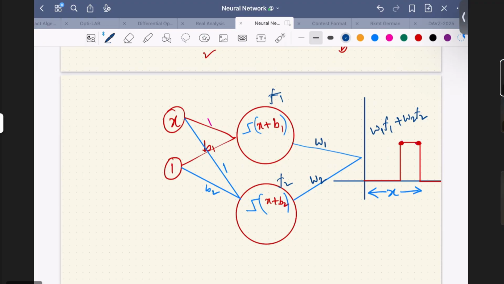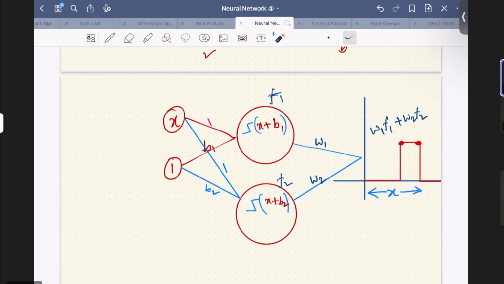Those W1 and W2 are giving how much height it should maintain. And who is giving the width? The width is given by B2 and B1, how far B1 and B2 are separated. How high W1 and W2 are. Now we are getting a rectangle.